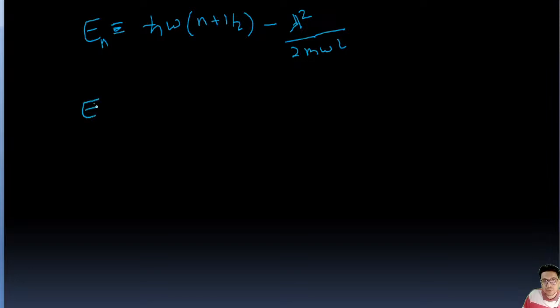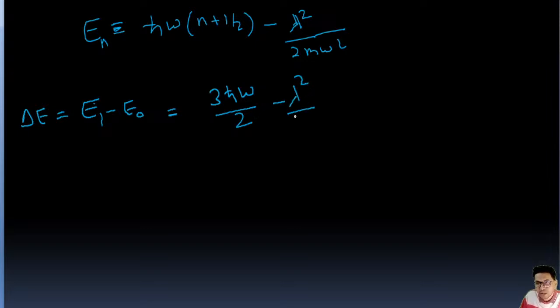So first two levels means E1 minus E0, right? That is the energy difference, and for E1 we'll put the value n equal to 1, right? So this is going to be 3 h cut omega by 2 minus lambda square upon 2m omega square, because we will put 1 here, so it is going to be 3 by 2.